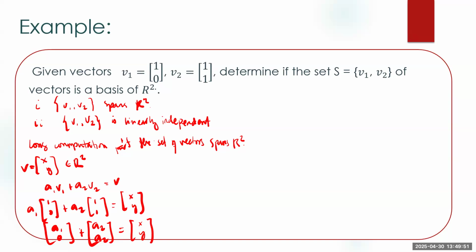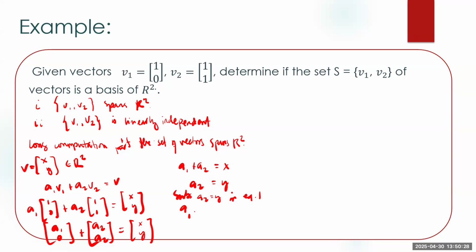Now, we are going to transform this into a system of equations. So this will become a1 plus a2 equals x, and a2 is equal to y. As you can see, we already have a value of a2, which is equal to y. Therefore, we can substitute this value of a2 into equation 1.